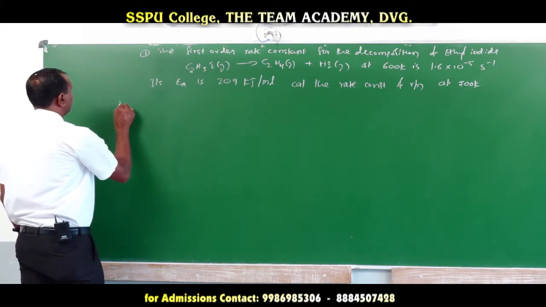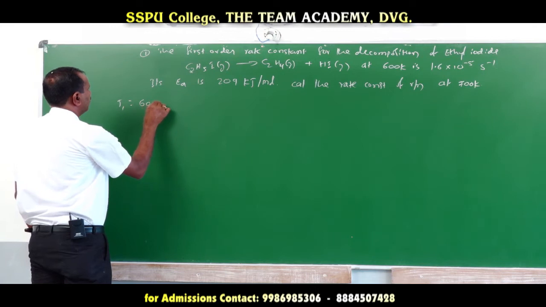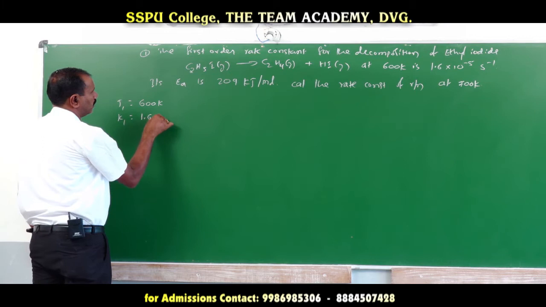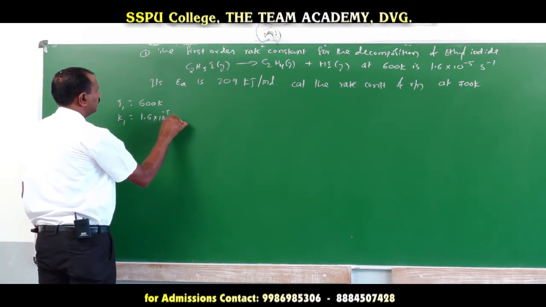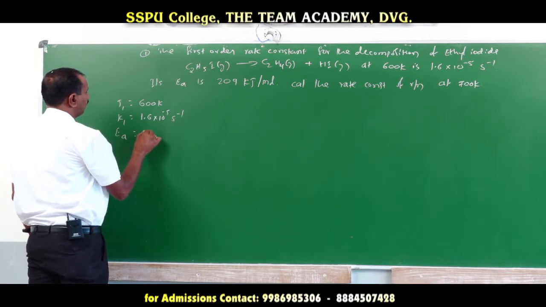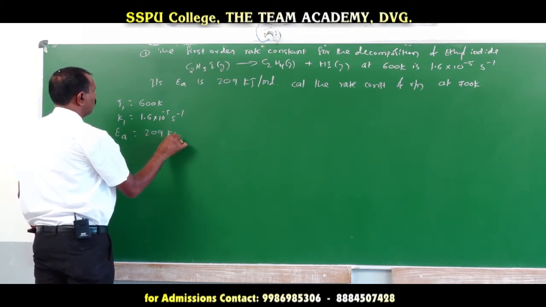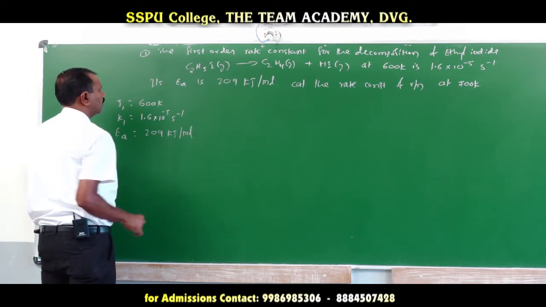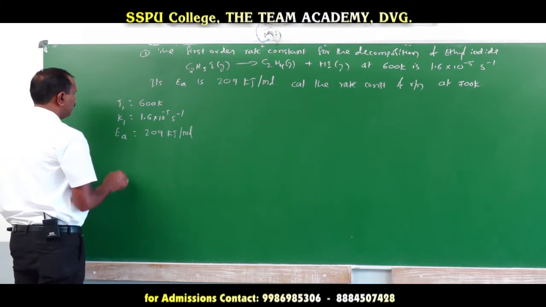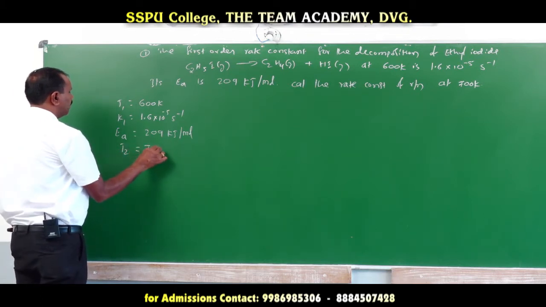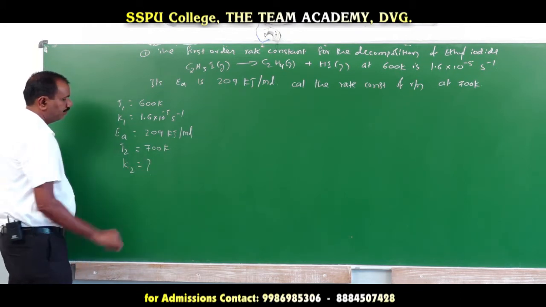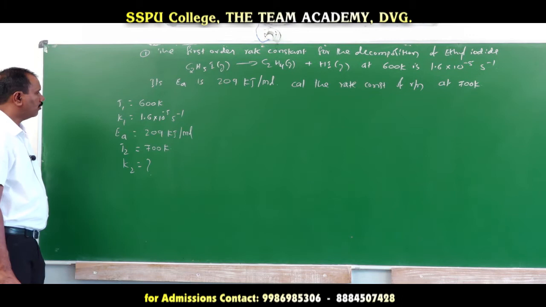The rate constant at temperature T1 is K1, and the energy of activation is also given: Ea is 209 kilojoule per mole. So how to calculate the rate constant at 700 Kelvin? How to find out the K2 value?